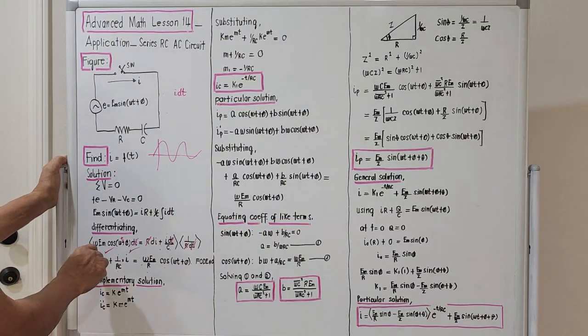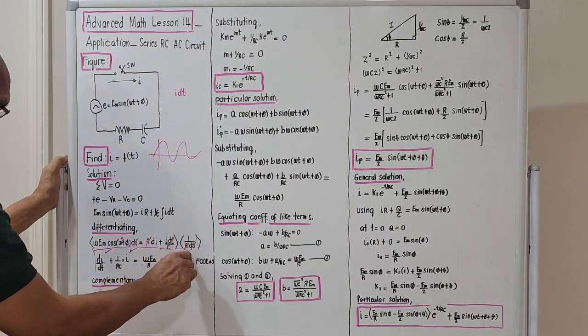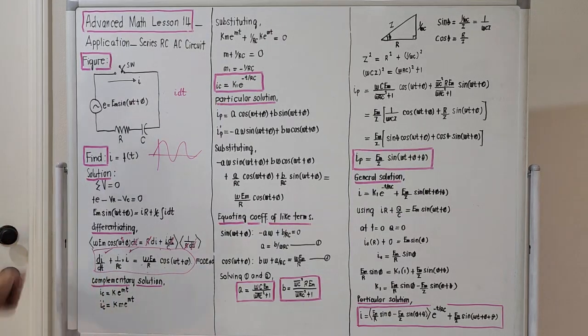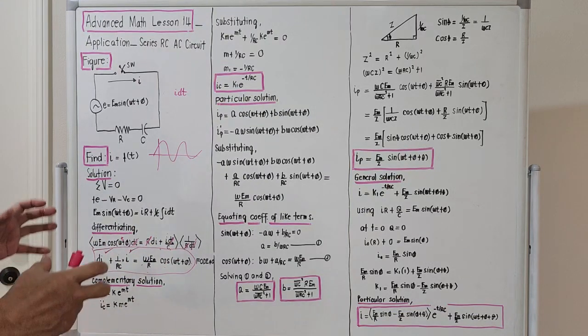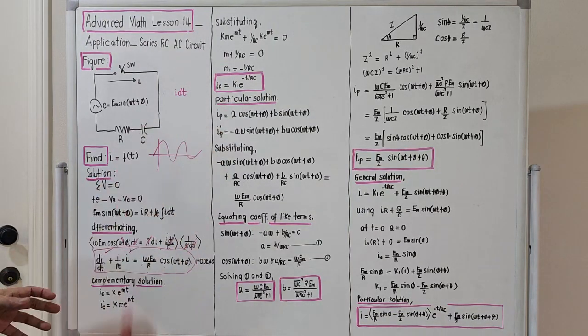So actually we are now given this differential equation here. It's a first order differential equation. The left hand side is not so complicated, but unluckily the right hand side is not equal to 0.